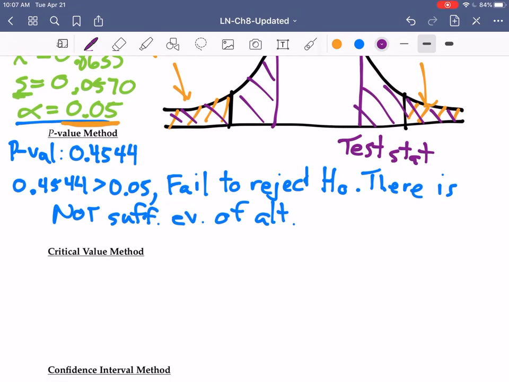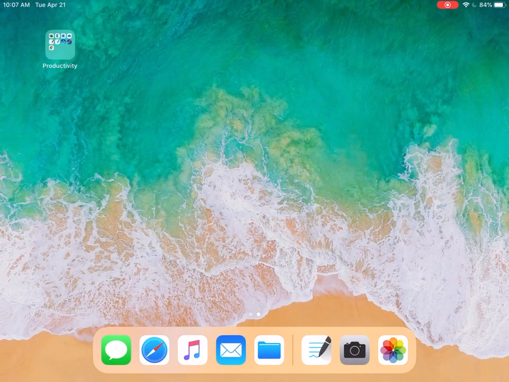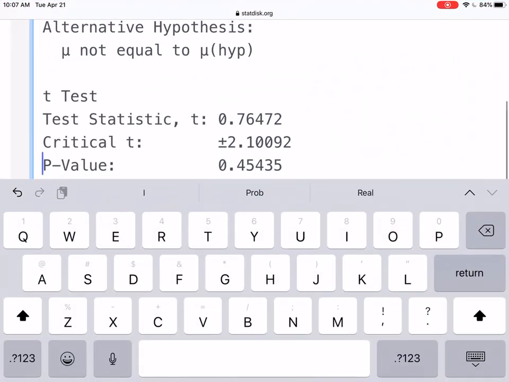We could also use the critical value method. That's our test statistic there. Going back to StatDisk, we have two critical t-values, plus and minus 2.101.